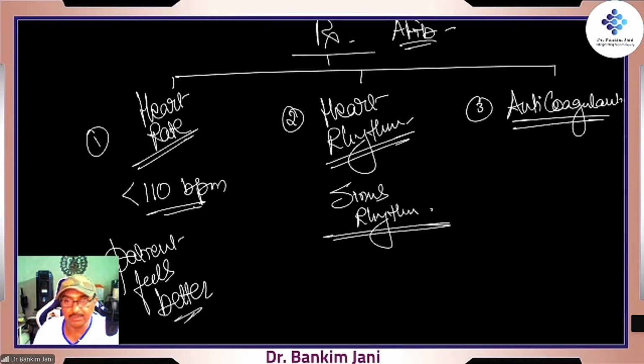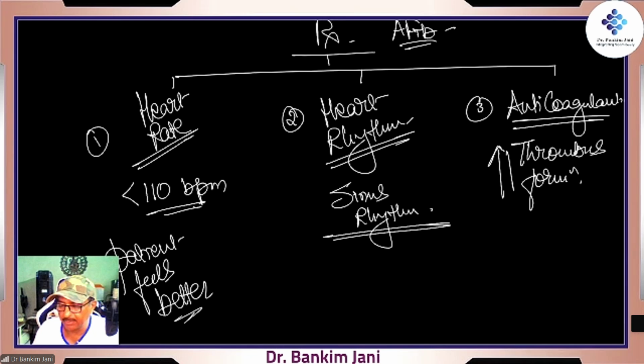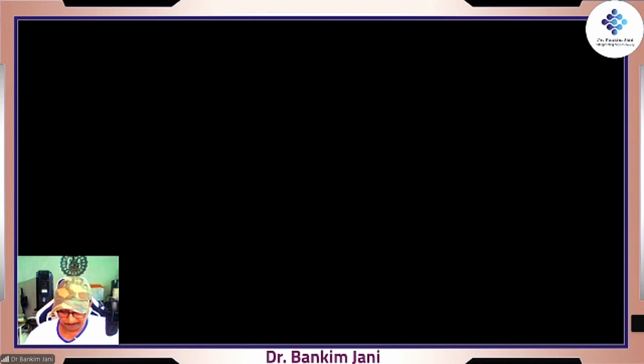Because there are chances of thrombus formation. We need to cut this out, because this is the most dangerous. So many complications can occur because of thrombus formation. As we discussed, it gets dislodged and goes, and can lead to so many complications.